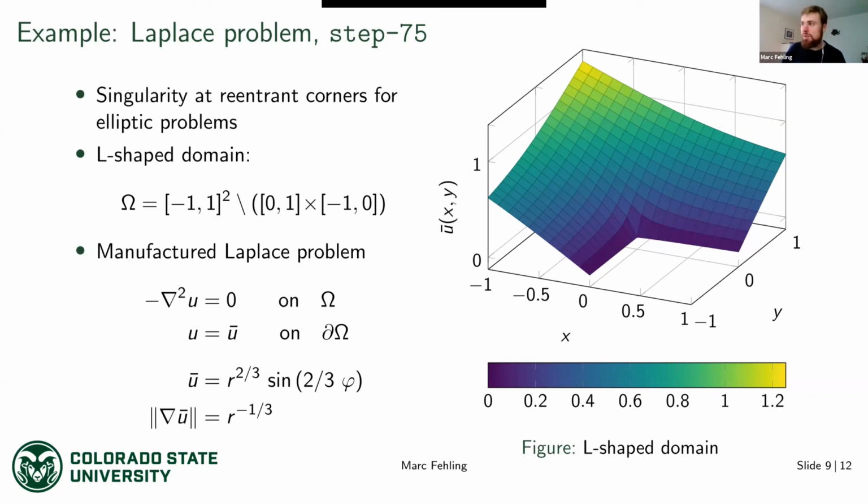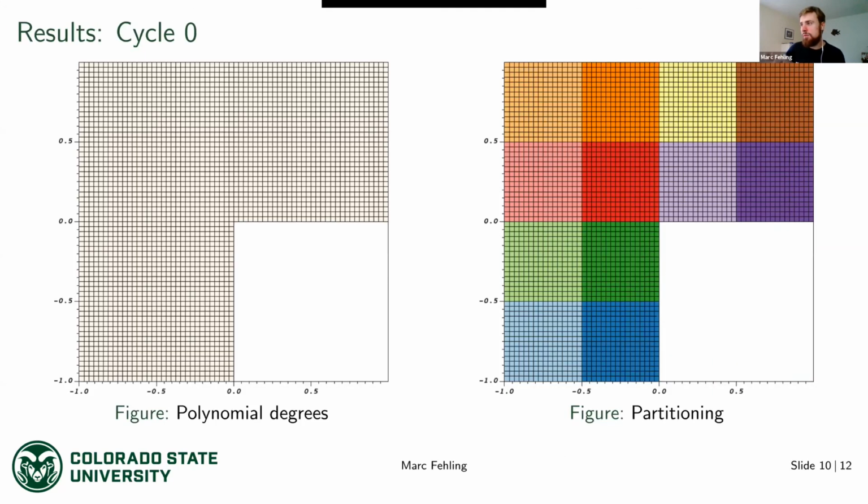So in the first cycle, we start with a uniform mesh distribution, where we also assign the same finite element to our cells. On the left, you will always see the polynomial degrees that are assigned to each cell. We start with quadratic elements, but the darker the color gets, the higher the polynomial degree will be. On the right, you will see the partitioning of the mesh here on 12 MPI ranks, and you will see how the mesh changes over time.